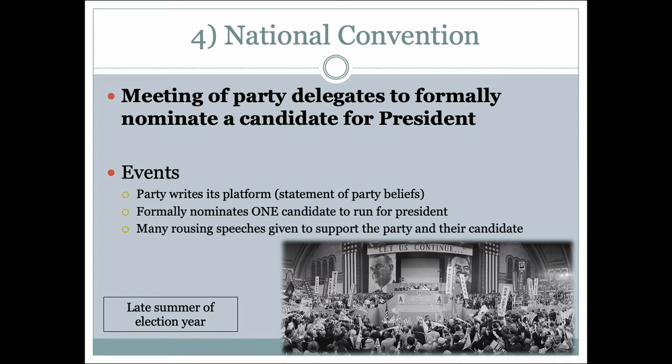Or the Republicans would say, based on all of these primaries and caucuses, the will of the American Republicans is to have so-and-so represent the party. The National Convention is just where it becomes official, where such and such will be the Democratic nominee, and they will face off against this Republican nominee. Again, plus all of the other smaller parties that are out there.